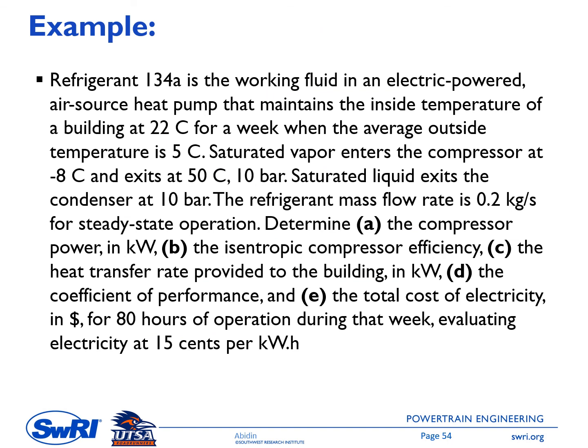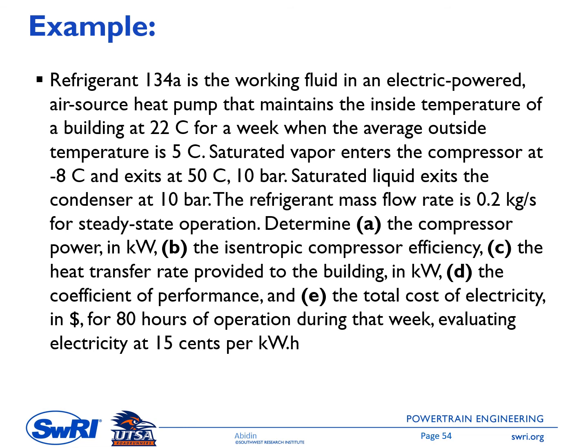Let's take a look at this example. Refrigerant 134a is the working fluid in an electric-power air-source heat pump that maintains the inside temperature of a building at 22 degrees C for a week with an average outside temperature of 5 degrees C. So 5 degrees C here is around 40 degrees Fahrenheit, so it's about winter season.